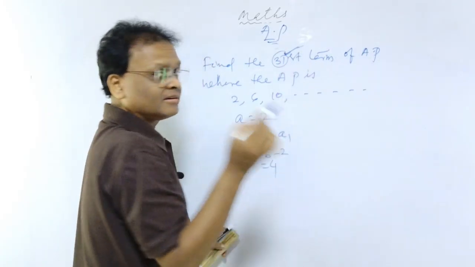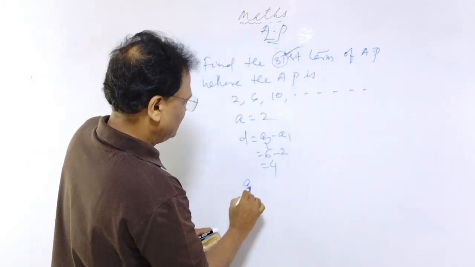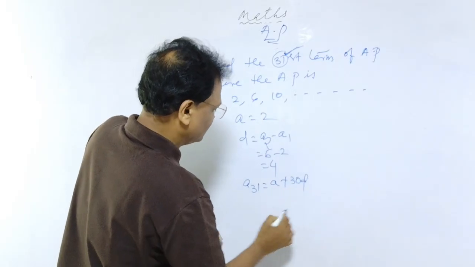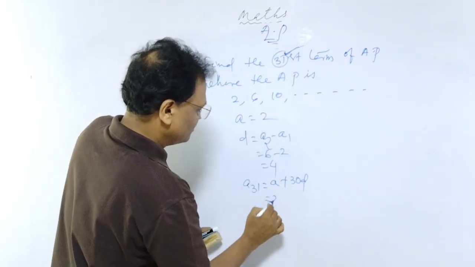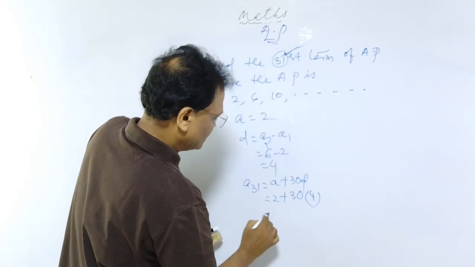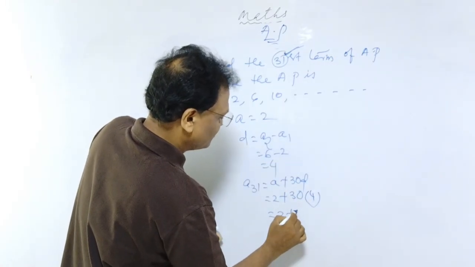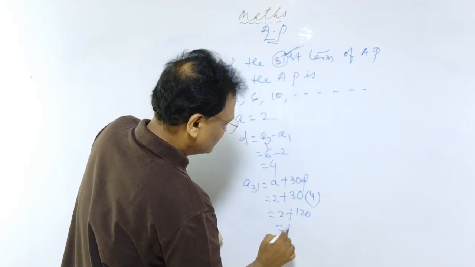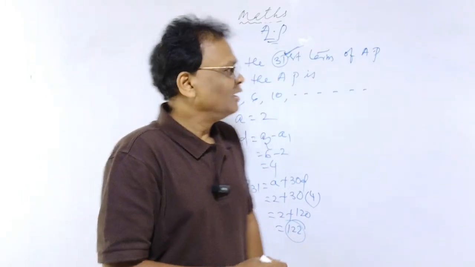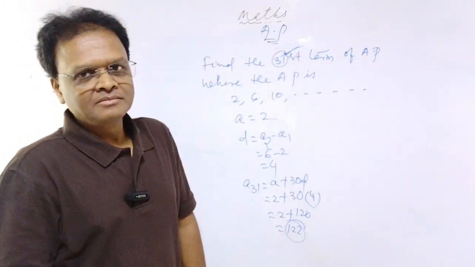Now I have to find the 31st term. A31 is equal to A plus 30D. A is 2 plus 30 into D, which is 4. That is 2 plus 120. The answer becomes 122. This is my 31st term.